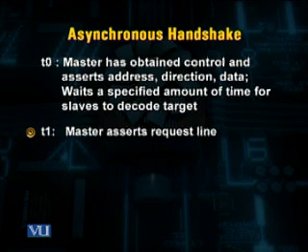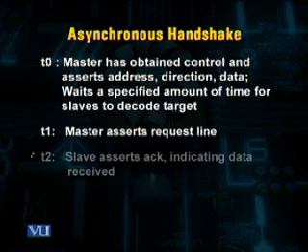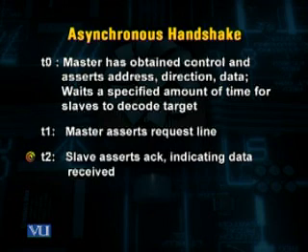At the second time slot, which means when the first operation is complete, the master asserts the request, and then at the next time slot, the slave, which is the receiving end, asserts an acknowledge signal, and it indicates that the data has been received.